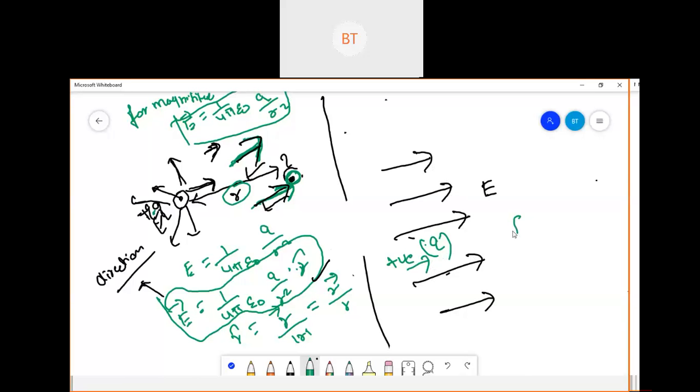If I wanted to calculate the force, the force will be Q, this point charge, into E. And the direction will also be in the same direction. So this will be the force which we wanted to calculate.